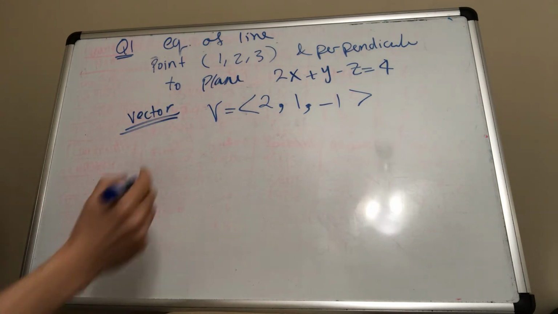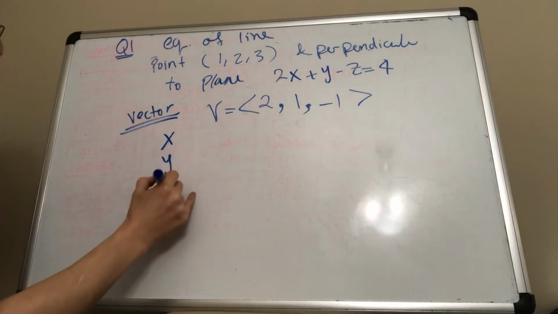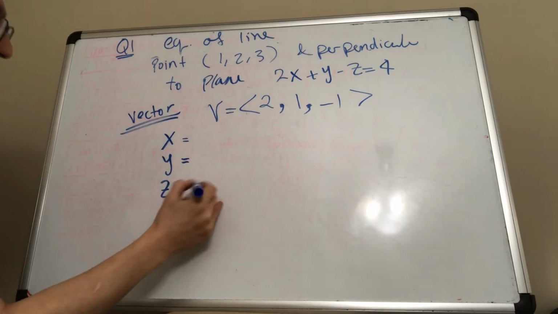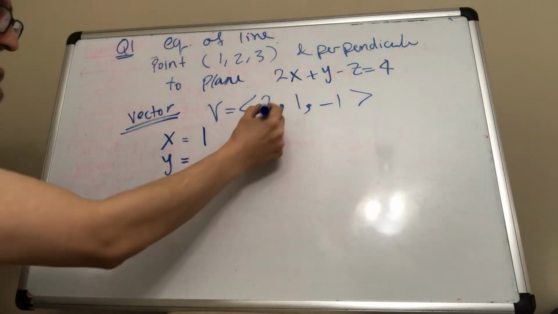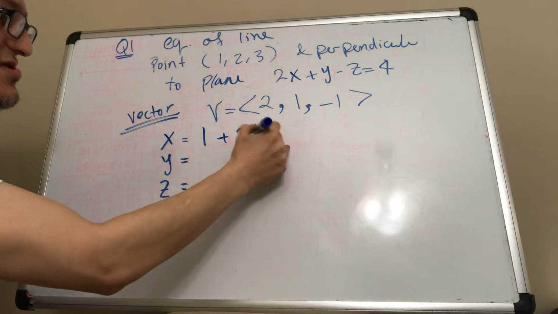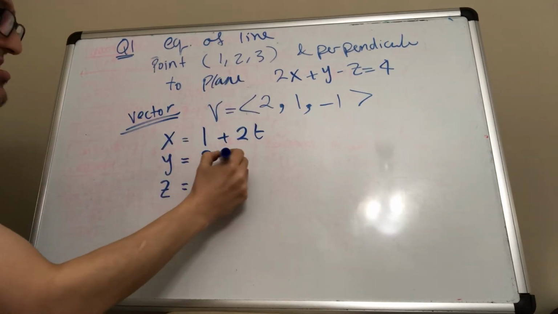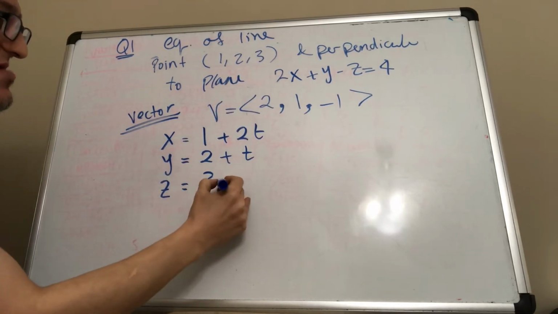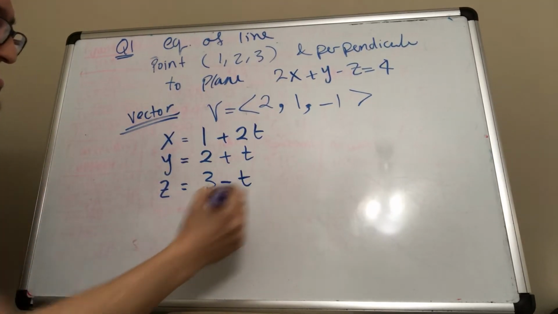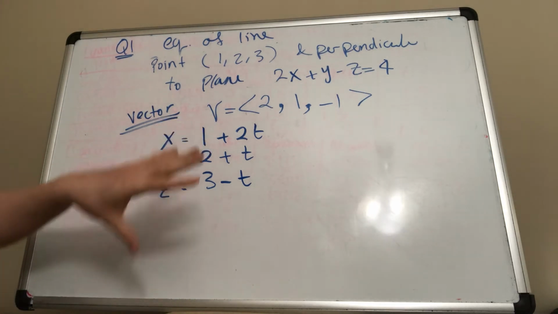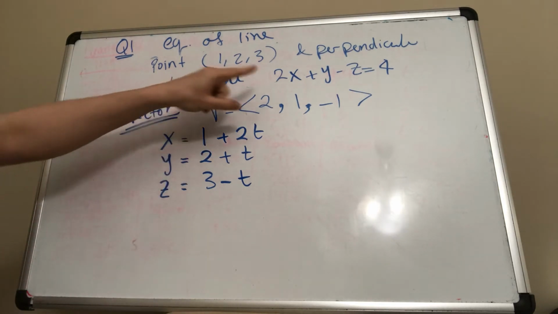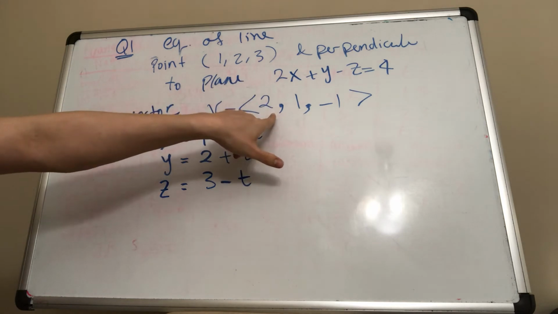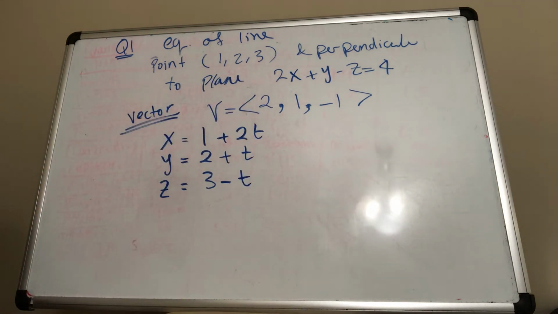And once you have a vector, your line equation would be: you take the point plus 2t, the point plus 1t, and the point minus 1t. Then this would be the equation of the line after figuring out the vector from the plane. Okay?